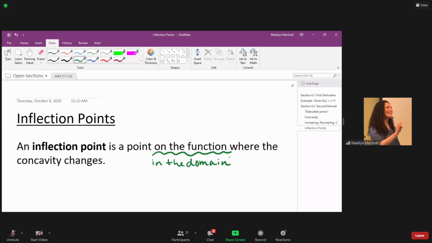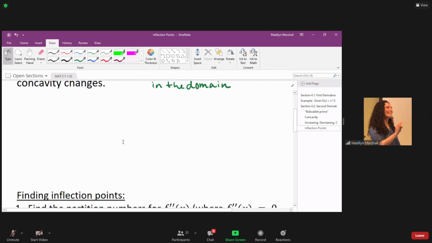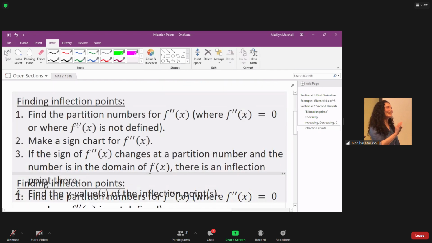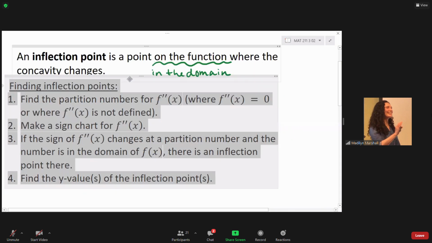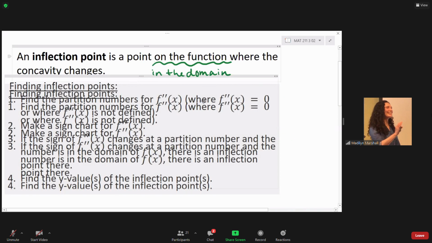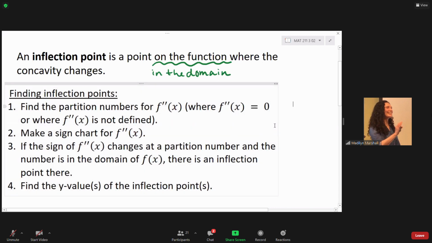It's a similar type of thing where we'll have a similar process to find inflection points as we had to find critical points in 4.1. And so I'm going to put up a few steps to finding inflection points, and I'll just leave this here for a minute, and we're going to go through these steps on 1 or 2 examples today.